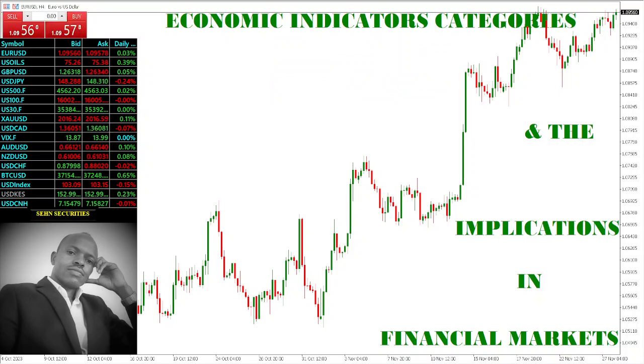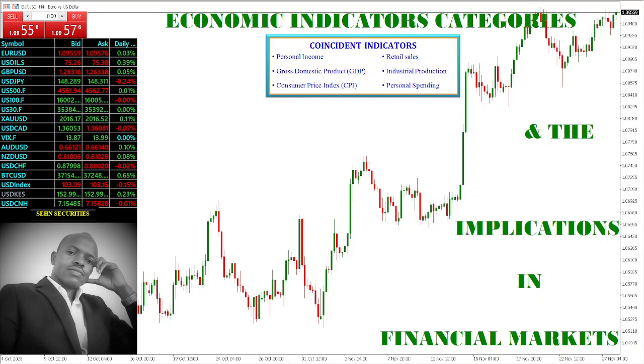So, as we have seen, there are various parties involved in the economy and the financial markets, and they all have an interest in the direction or state the economy is taking, has taken, or will take.